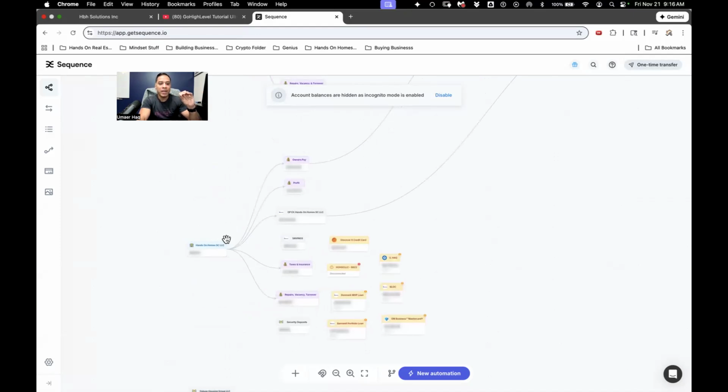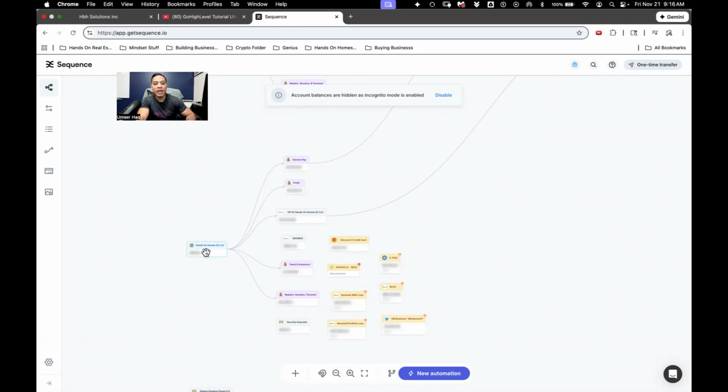Inside of Sequence, there's what we call pods, and then you can create accounts. All right. Now, this is a pod for my South Carolina real estate investing rental portfolio. Okay. So when money comes in through tenants, through mortgage notes, through whatever happens in South Carolina, money comes into this pod here.